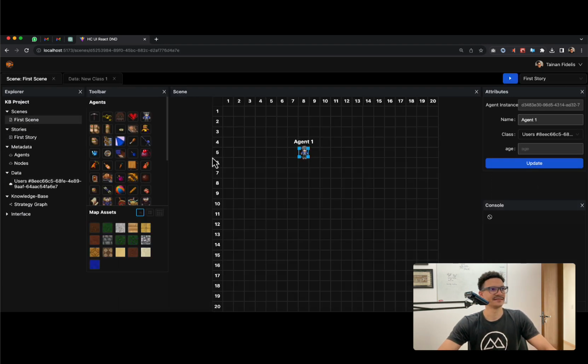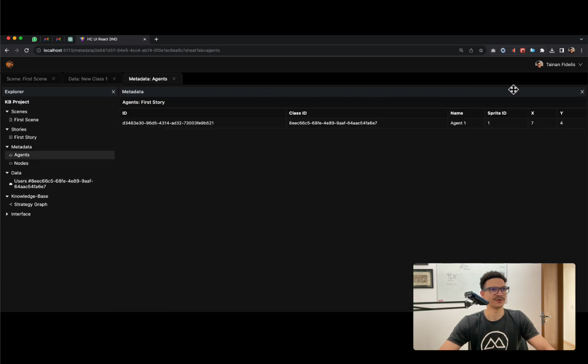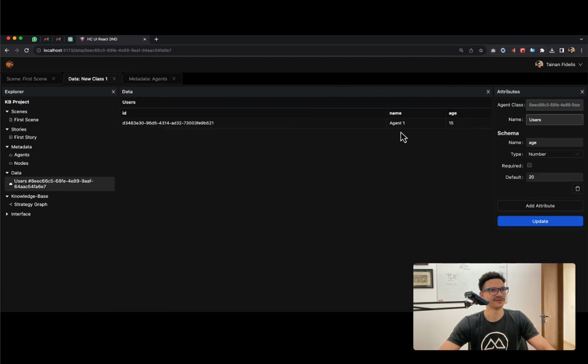We could define the attributes of each agent or each instance of that class. And we could have this data, for example, here, seen as a table. That's the most common way to see data nowadays.